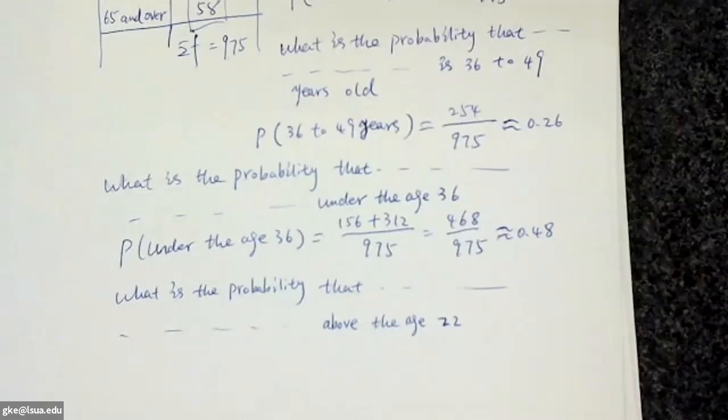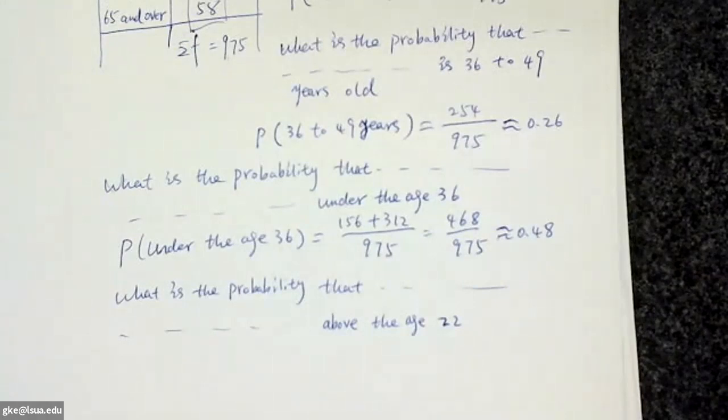I totally went below. Okay, I got 0.84 also. Great, great.